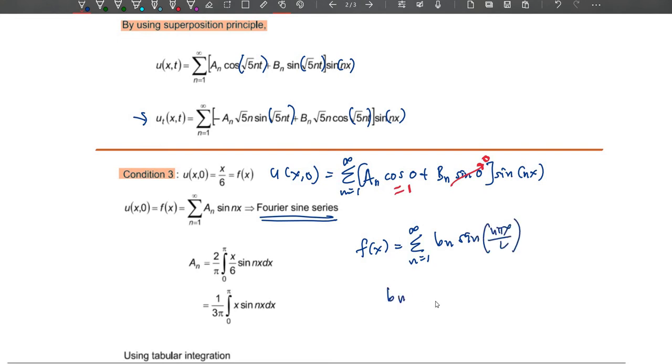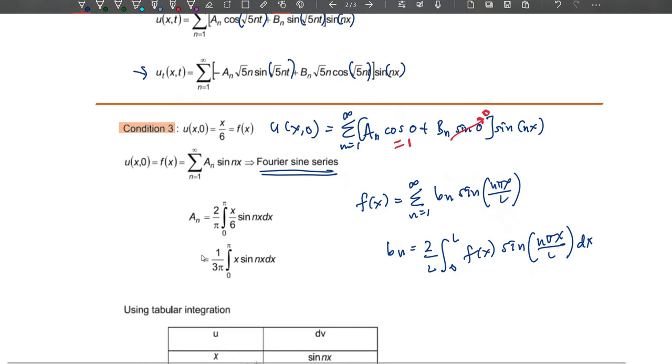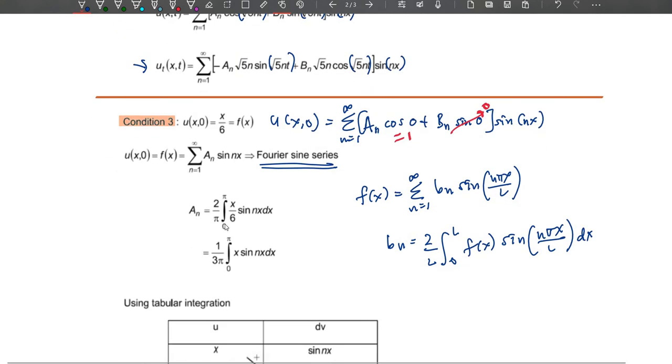Then b_n here would be equal to 2 over L, integrate 0 to L of f(x) sin(nπx over L) with respect to x. That's what we apply here, as you can see. Then, rearranging and simplifying, we have a_n equal to 1 over 3π, integrate 0 to π of x sin(nx) with respect to x.